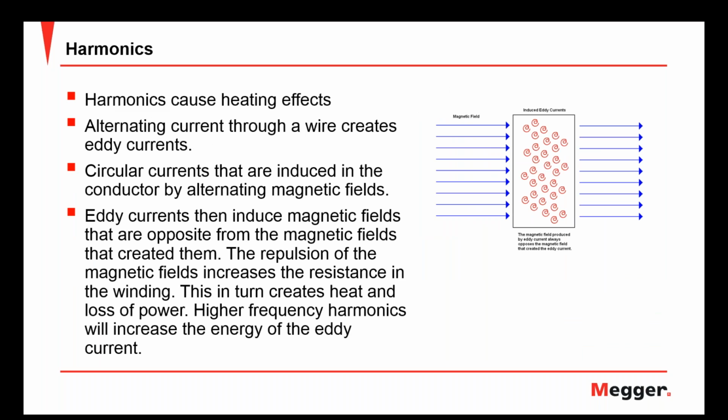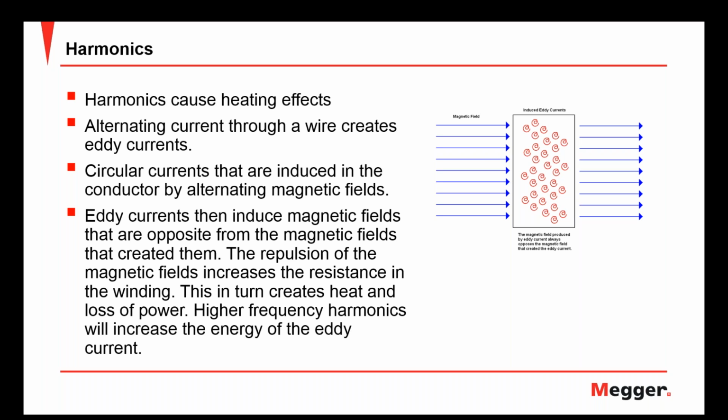So why are harmonics problems? Well, they create heating effects. And the main reason is they create eddy currents. When I have an alternating current passing through a wire, it creates an alternating magnetic field.